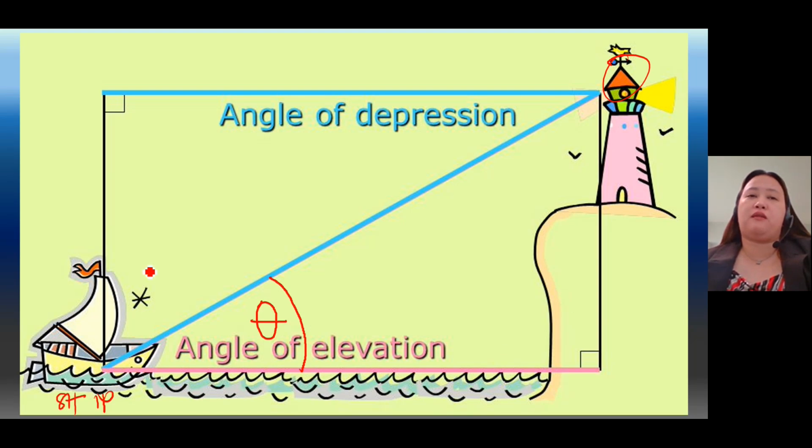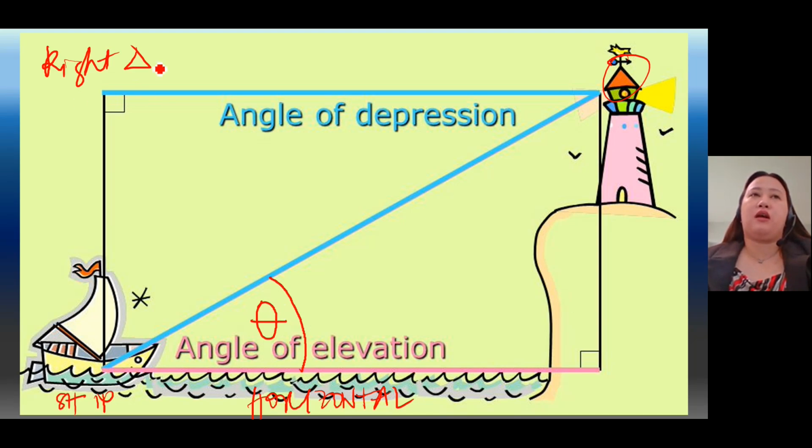Just remember that for the angle of elevation, this side of the triangle is actually the horizontal. This is one side of the right triangle. Remember, when it comes to applications, especially since our topic is on angles, where we also discuss the Pythagorean theorem and trigonometric functions, your aim is always to come up with a right triangle in the problem.